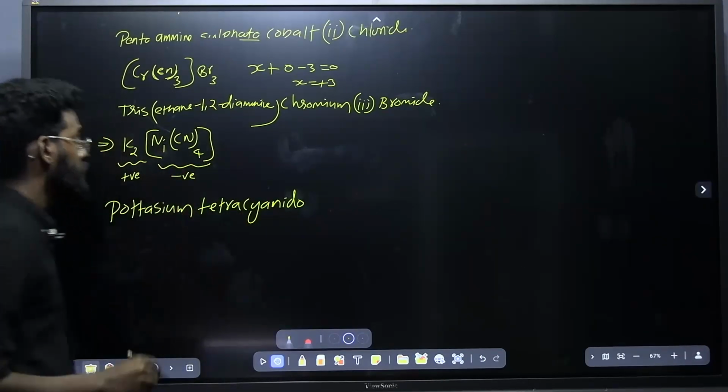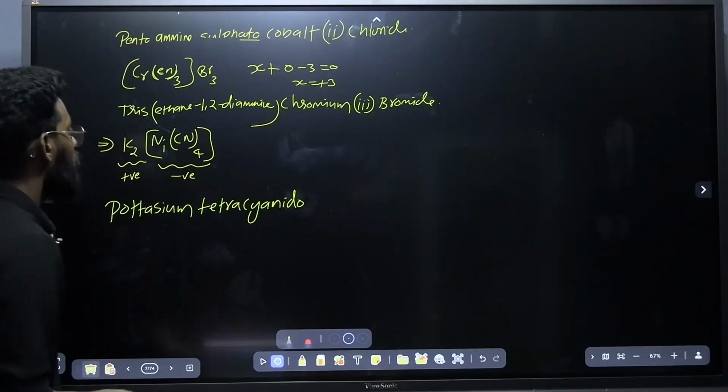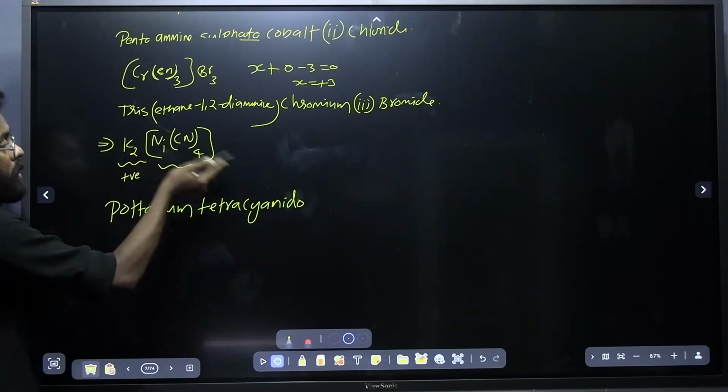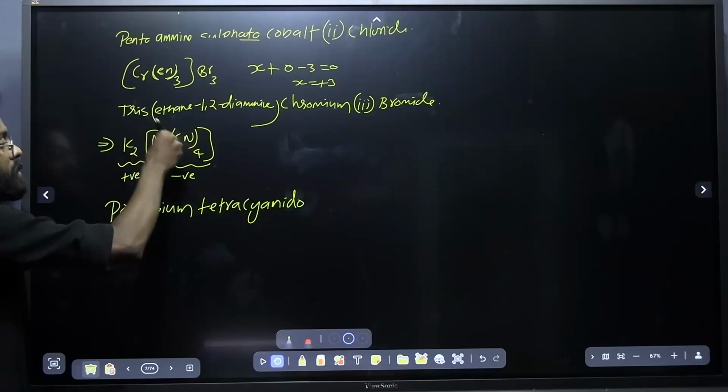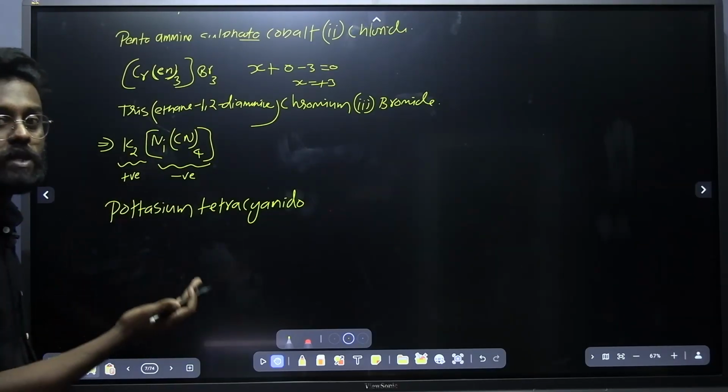Then nickel. Here you can see the name of the central metal atom will be changing slightly. How will it change? Nickel is coming in the negative part. In all the remaining cases, the metal comes in the positive part. So normally the metal will be positive, right?